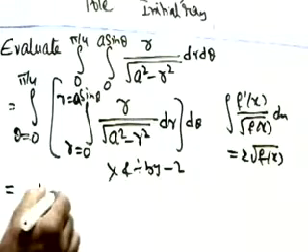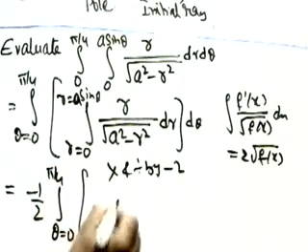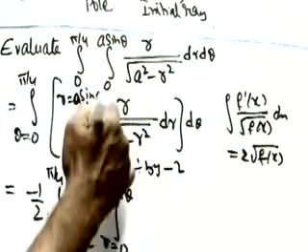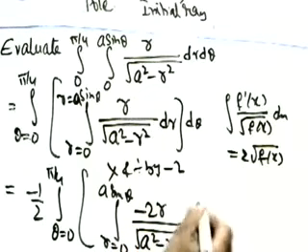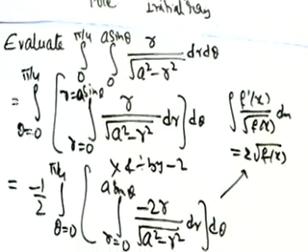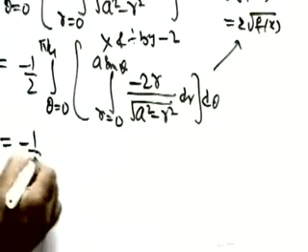Dividing by minus 2, you take it outside: minus 1 by 2, integration theta equals 0 to pi by 4, integration r equals 0 to a sine theta, now we have multiplied by minus 2 divided by under root of a square minus r square dr then d theta. Now we can use this formula: integration of f dash x by root of f of x is 2 root f of x.